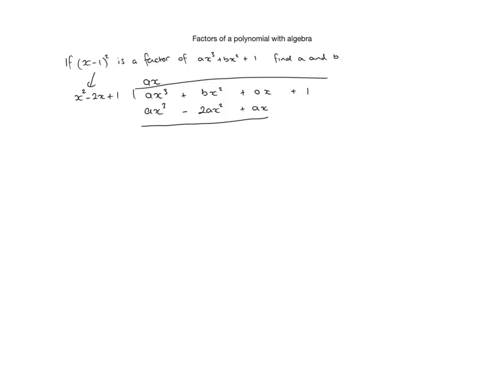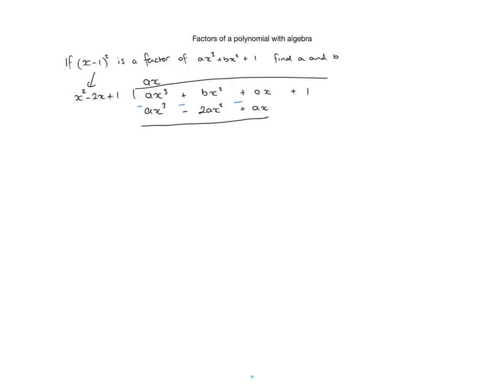Nice big line. Put in your minus signs, and you can spot the double negatives. And off we go. We have ax cubed minus ax cubed, which will give us 0. We have bx squared minus 2ax squared.